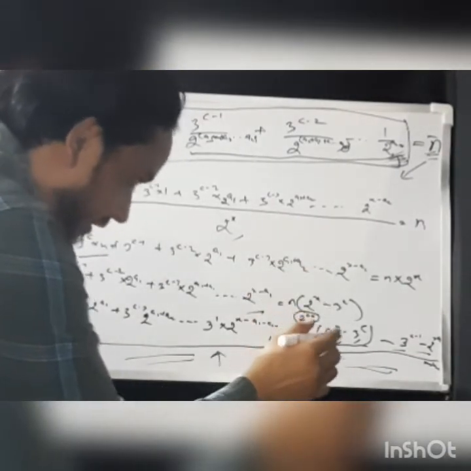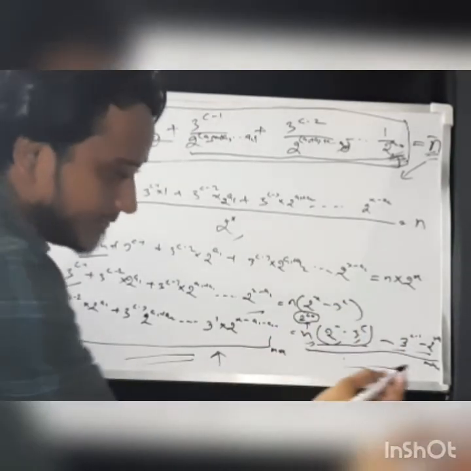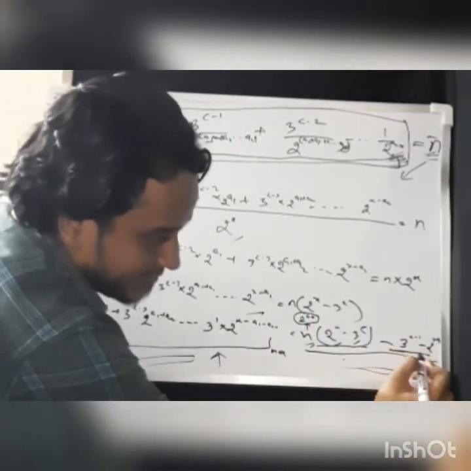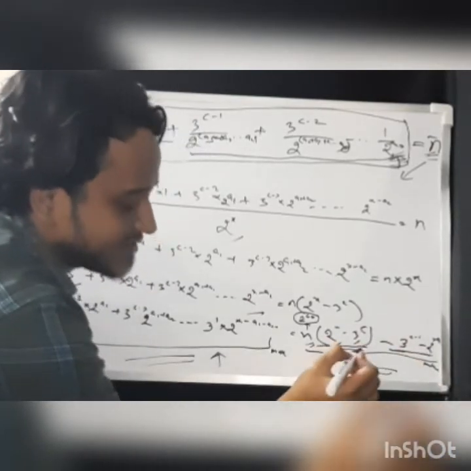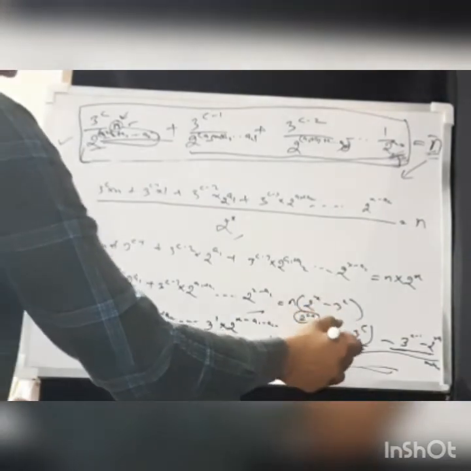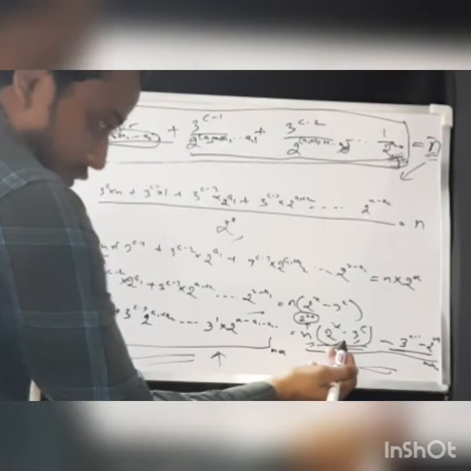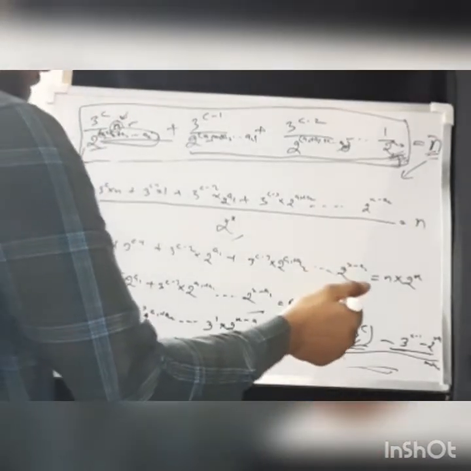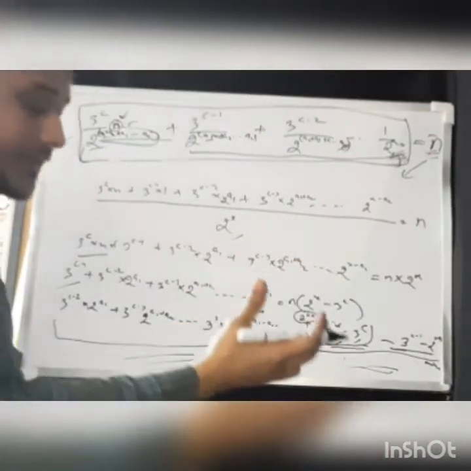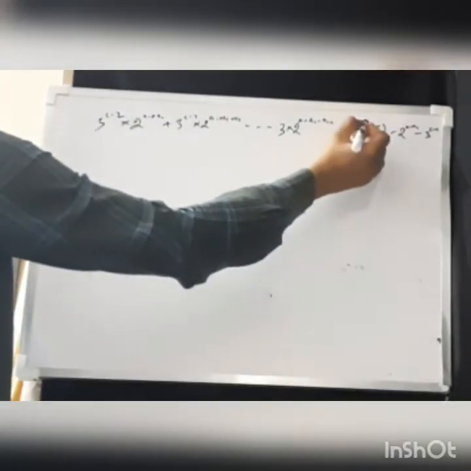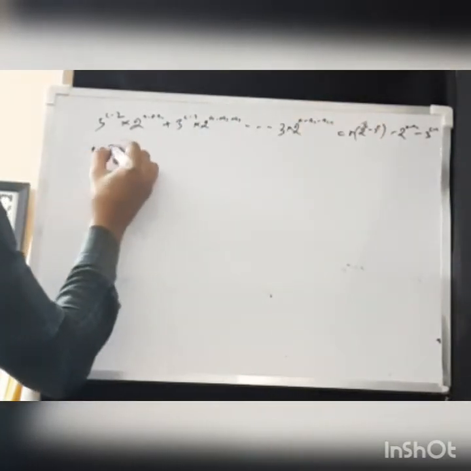So because I know that I need to minimize this, I must make sure that these numbers are as large as possible and this is as small as possible. So to make this as small as possible, what you will find is that when you go to a number that is much higher, if I say that x is a number greater than big numbers, let's say x is equal to 30.